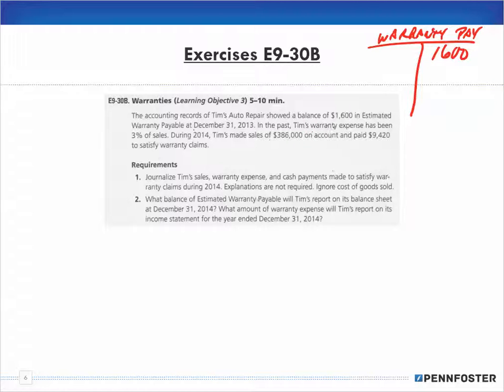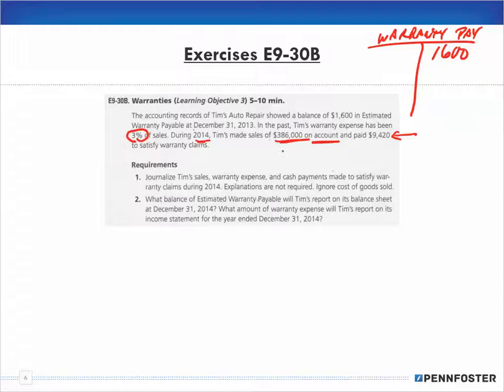In the past, Tim's warranty expense has been 3% of sales. During 2014, Tim made sales of $386,000 on account and paid $94.20 to satisfy the warranty claims.